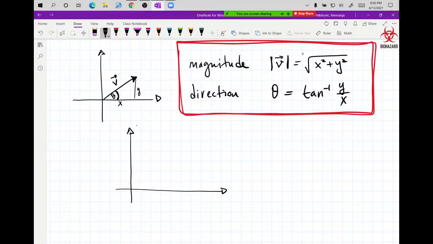If this is the standard XY grid, there's going to be a vector that stretches up to 1 and another little vector here that stretches up to 1. Those little guys are called the i and j unit vectors.